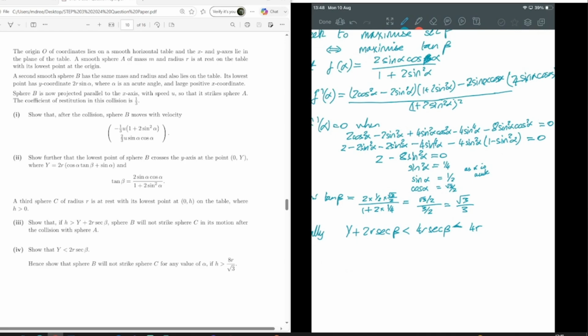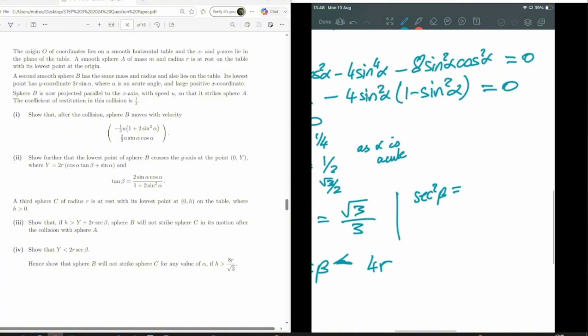Because we've got tan, so sec squared beta is 1 plus tan squared. Tan squared is a third, so that's 4/3. So sec beta is 2 over root 3. This is times 2 over root 3, which equals 8r over root 3.